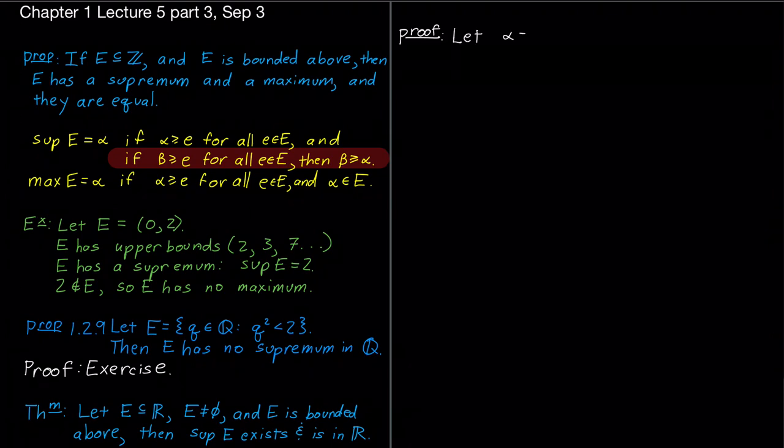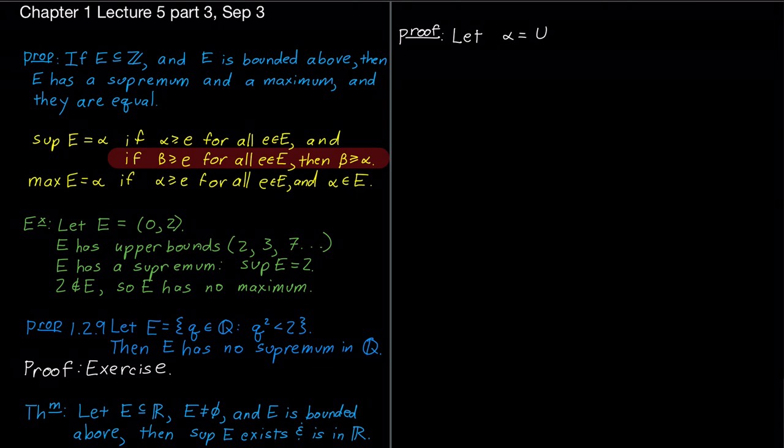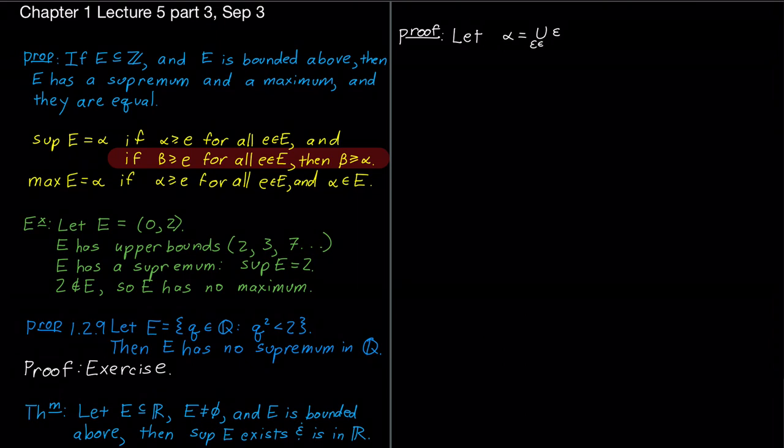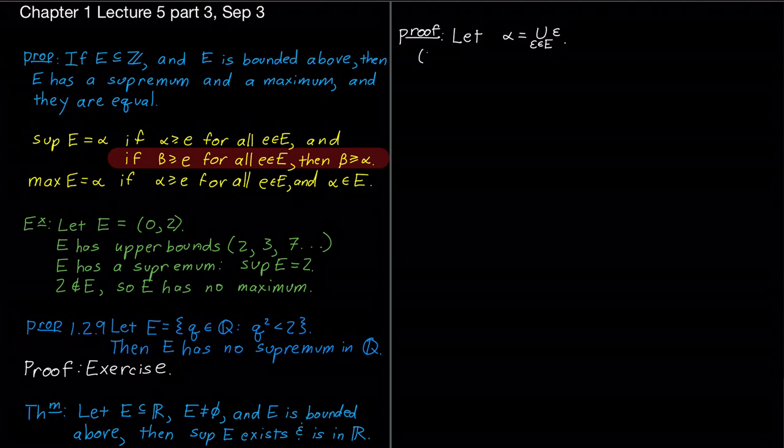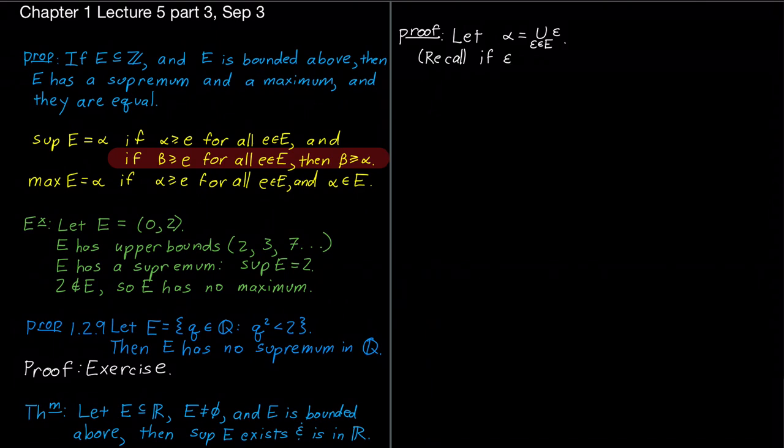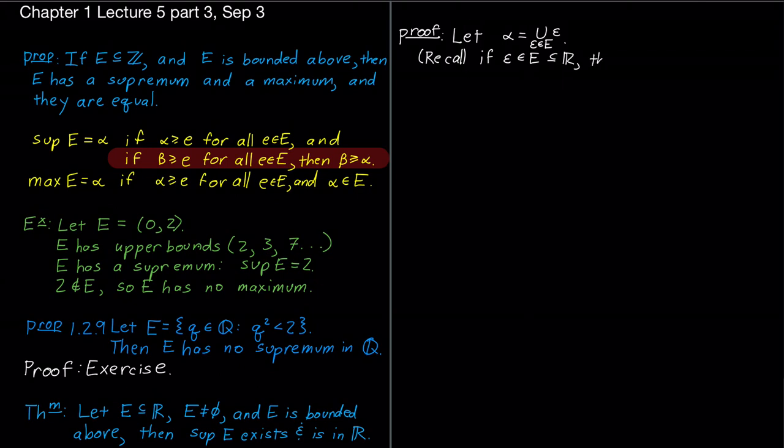So we're going to let alpha be the union of all the epsilons for every epsilon in E. Recall that if epsilon is an element of E, that means it's a real number. So that means it is a Dedekind cut.